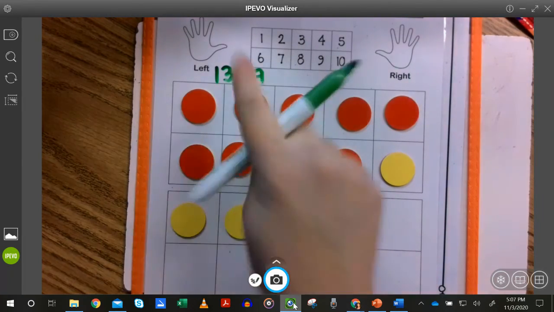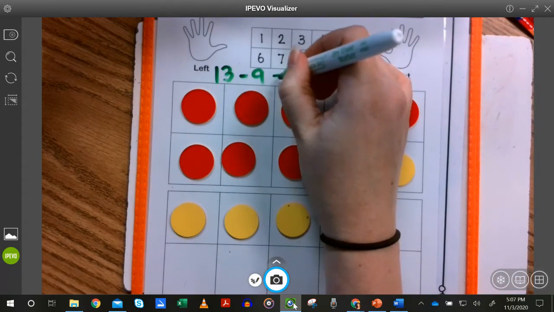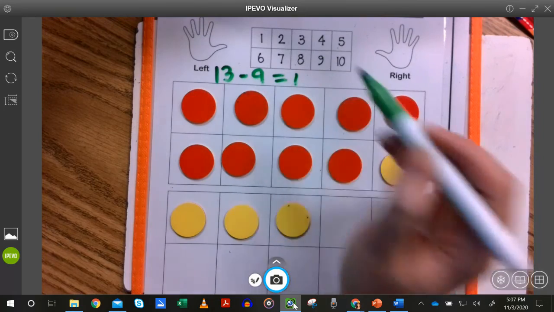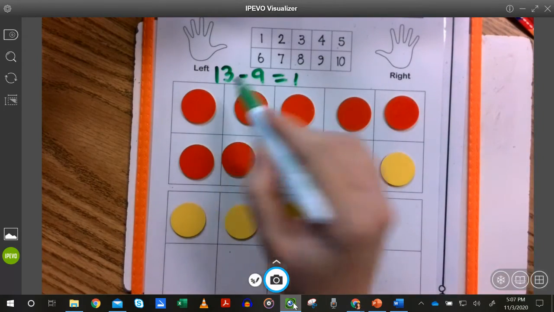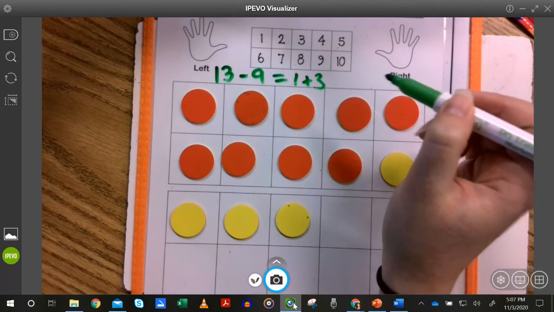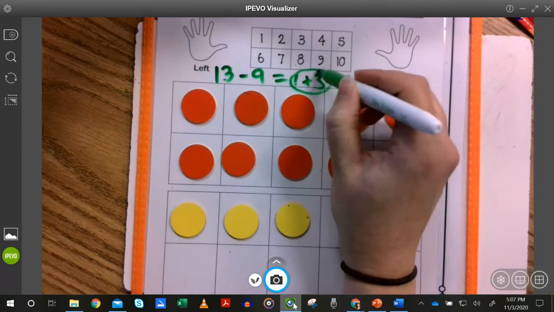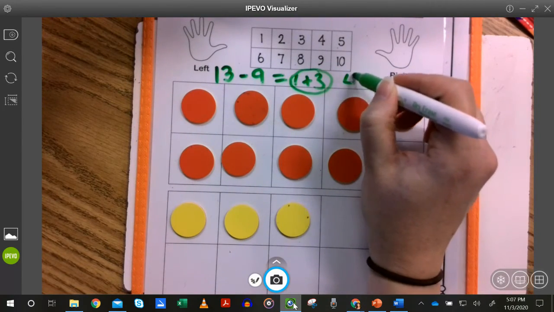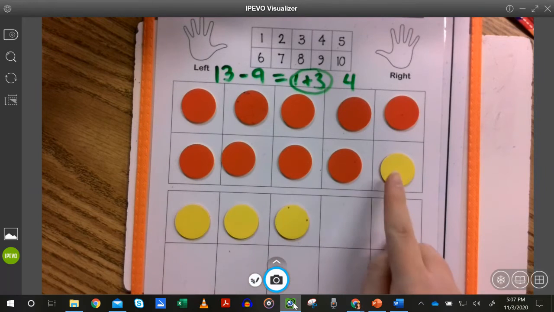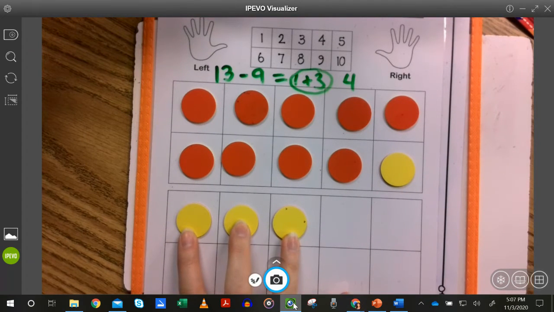So if I know a 9 becomes my 10 by adding 1, and I know my 10 becomes 13 by adding 3, then I know 1 plus 3, or 4, is my missing part. 1 and 3. 1 piece to make a 10, and 3 more to get it to 13.